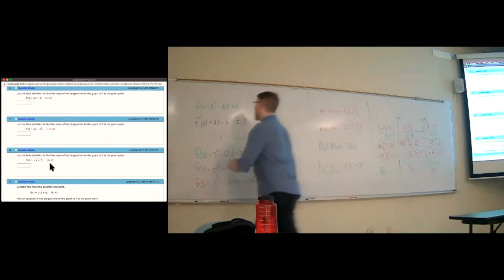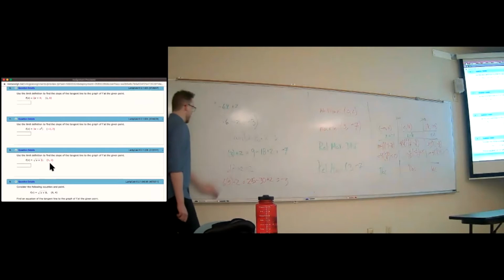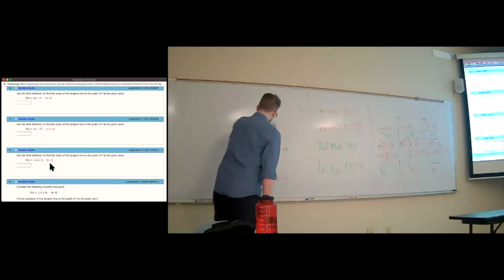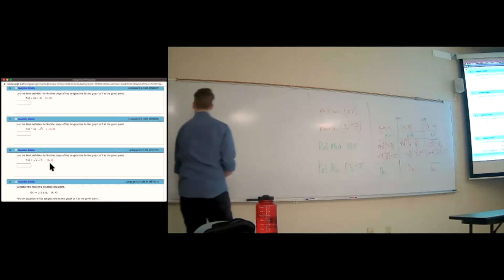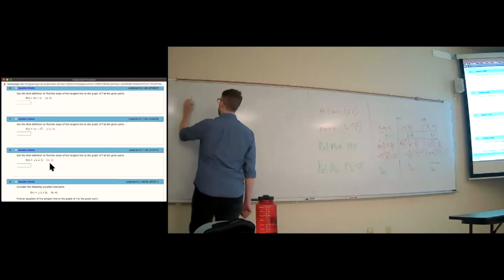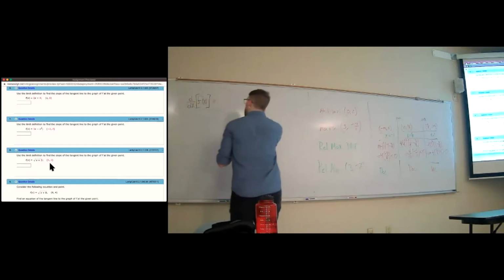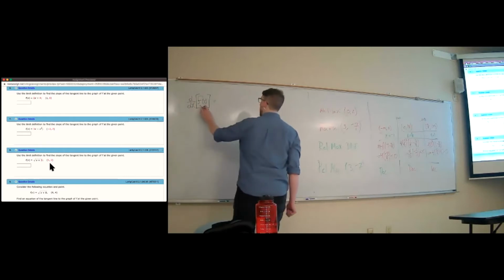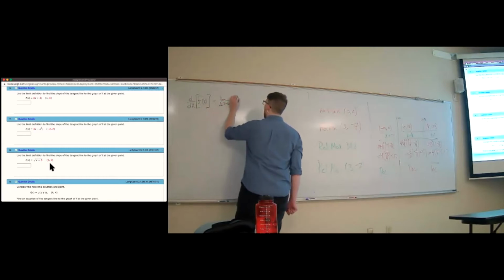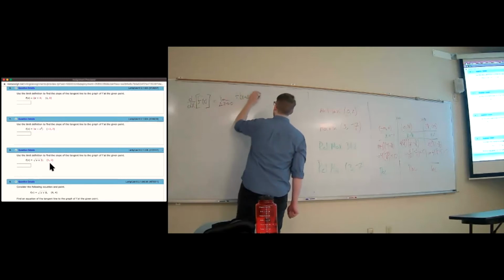What is the limit definition of the derivative? Let's start there. The derivative of f of x is the limit as delta x goes to 0 of f of x plus delta x minus f of x, divided by delta x.